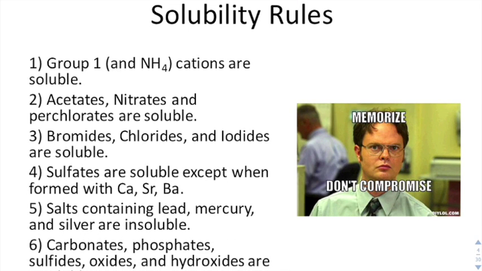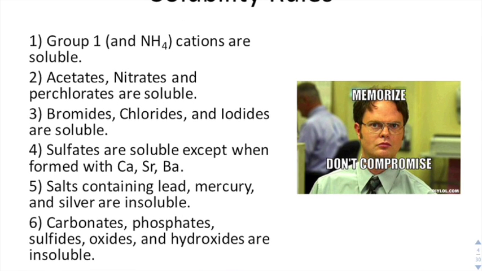Okay, next you have the solubility rules. You are expected to know the solubility rules moving forward. I can at any time just say, which of these are soluble or insoluble, and it could be a quiz grade. As a general rule, group 1 and NH4 cations are soluble. Those are your positive 1 cations. Your acetates, nitrates, and perchlorates are soluble. Your bromides, chlorides, and iodides are soluble.